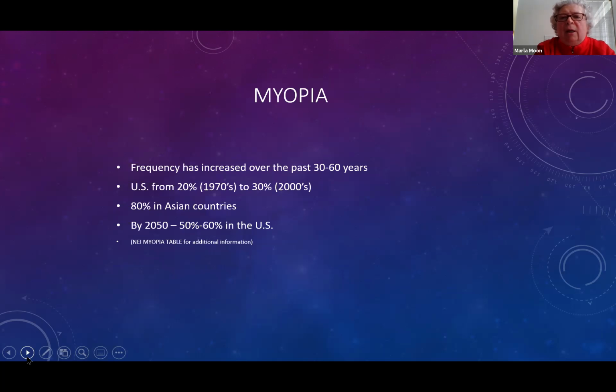And I see this here at Penn State University, being here in Centre County, because we have the 10th largest Chinese speaking population in the United States. And so the number of Asians that we have that are connected with the university are high. So I'm seeing these numbers here as well. But these world councils and these world meetings are identifying, and these are numbers from the National Institutes of Health, National Eye Institute, that they're predicting by 2050 that 50 to 60% of United States residents will be myopic. Next slide, please.